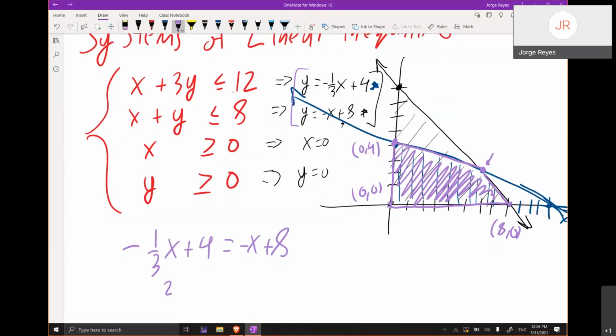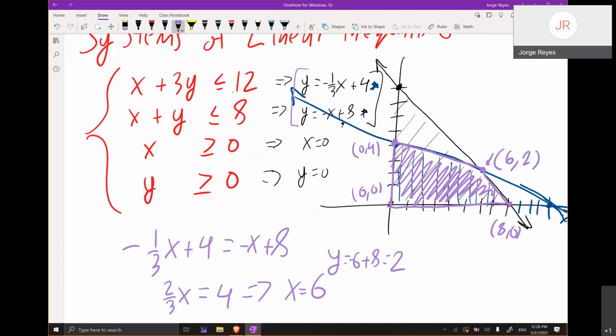So 2/3 x, subtract 4 equals 4. So x equals 12 divided by 2, so 6. So if x equals 6, y equals 2. So this is the point 6, 2, which it is.